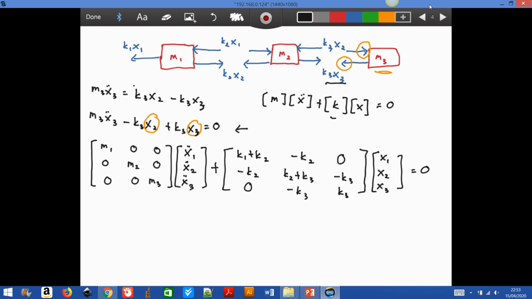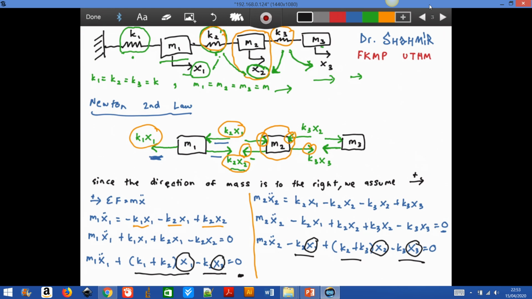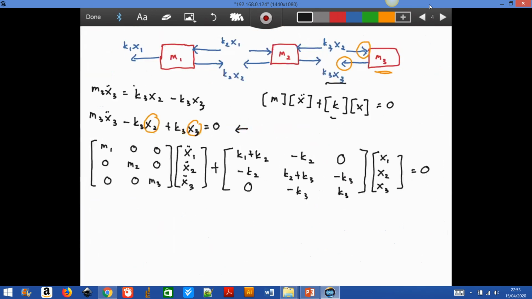This is the reason why I gave you the previous assignment, in order for you to understand well how to construct the equation of motion. Now always remember, if you have the values, replace them in the matrix in your equation of motion.